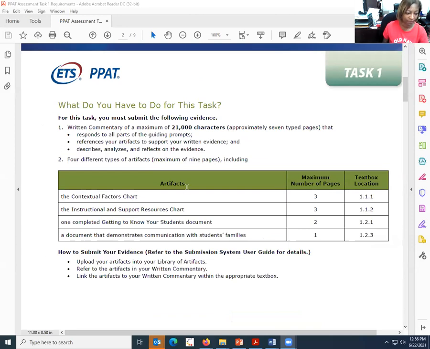The first artifact, the document that you must submit, will be the contextual factors chart. You will have to submit an instructional and support resources chart, a getting to know your student document and activity, and a document that demonstrates how you communicate with your students' families, okay? And we will look at each one of those as we get to those.